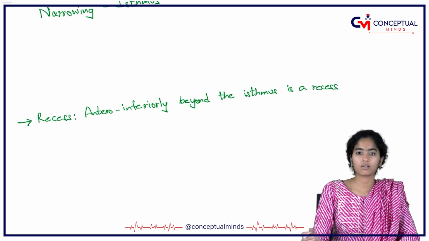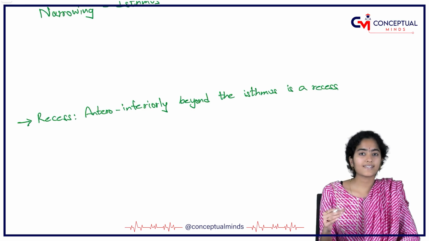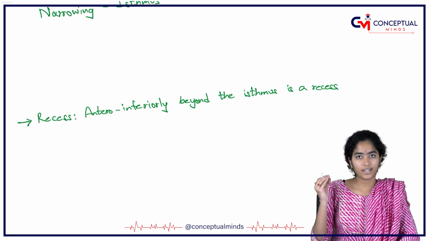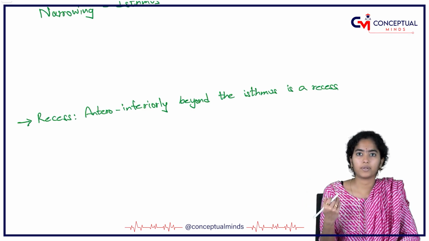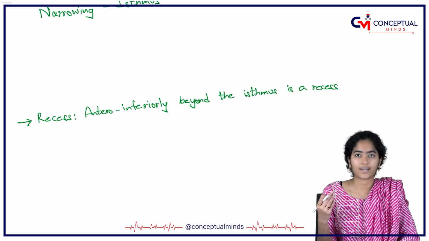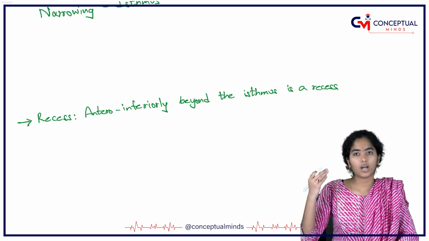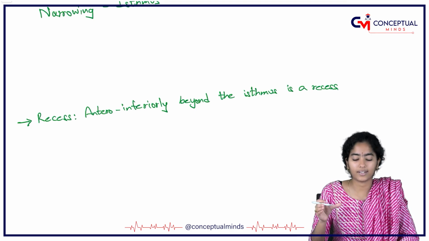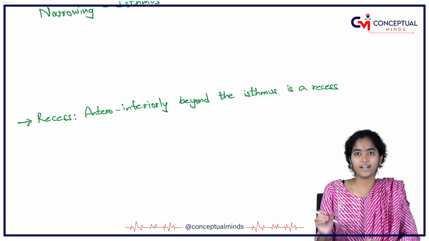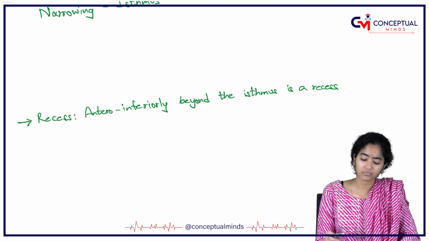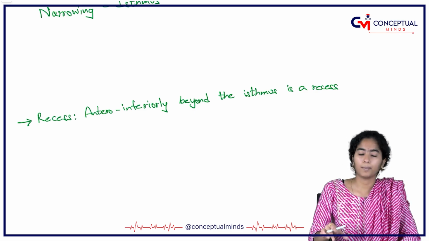What is a recess? A space. And this is important because any collections, all the debris from the middle ear, or accumulated wax, any secretions, they all get accumulated into that antero-inferior recess. They get pooled over there. That makes this recess important.